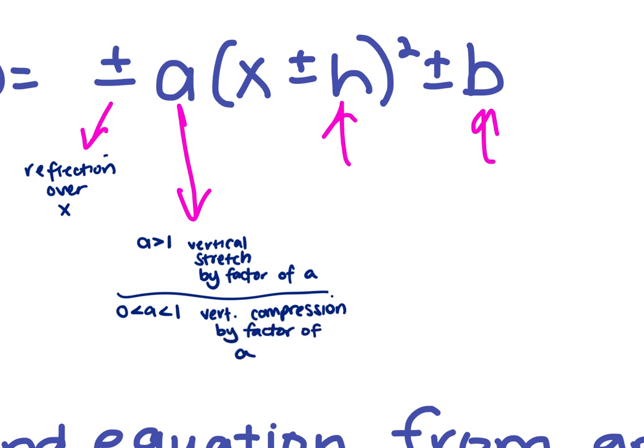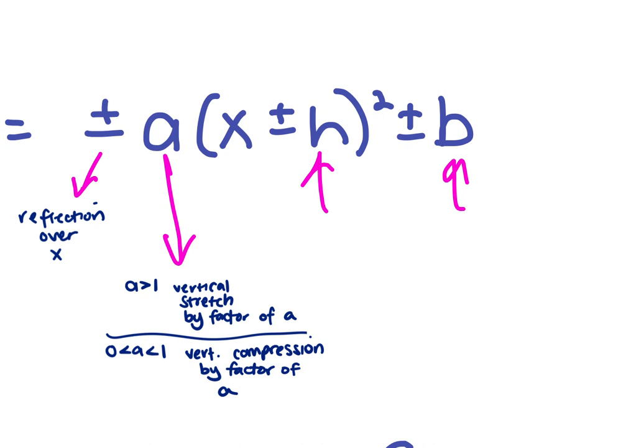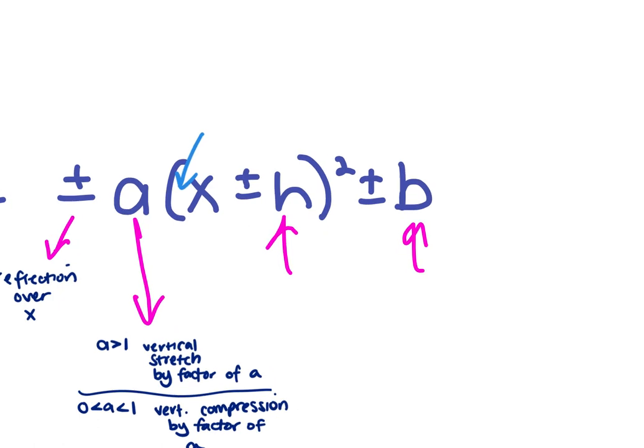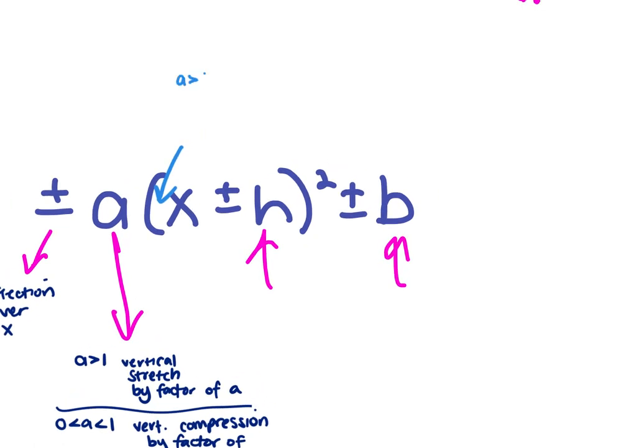Will we have horizontal? I'm going to put it on there. If there's a value in front of the x, this causes your horizontal compression or stretch. So if it is greater than 1, it causes a compression. Remember, it's the opposite. I shouldn't call it a; I actually think it's c in the grand scheme of things.